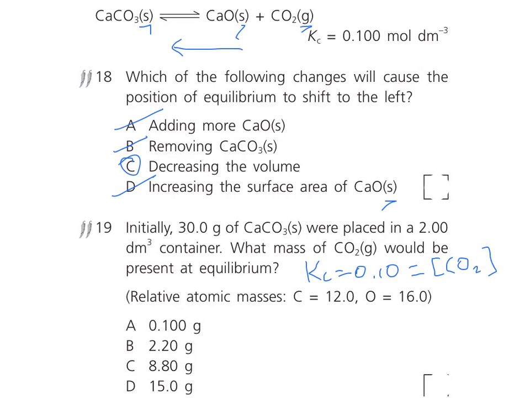So now we can use moles of CO2 as C times V. We have 0.1 times 2 liters is 0.2 moles. The molar mass of CO2 is 44.01 grams per mole, so if I take 0.2 times 44.01, we will get 8.80, which is choice C.